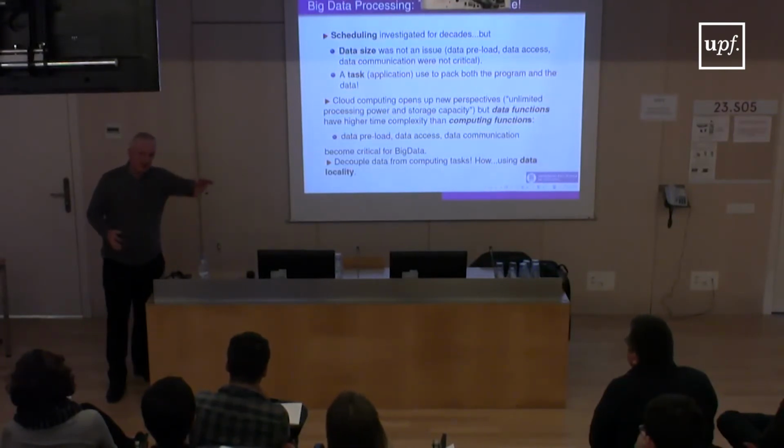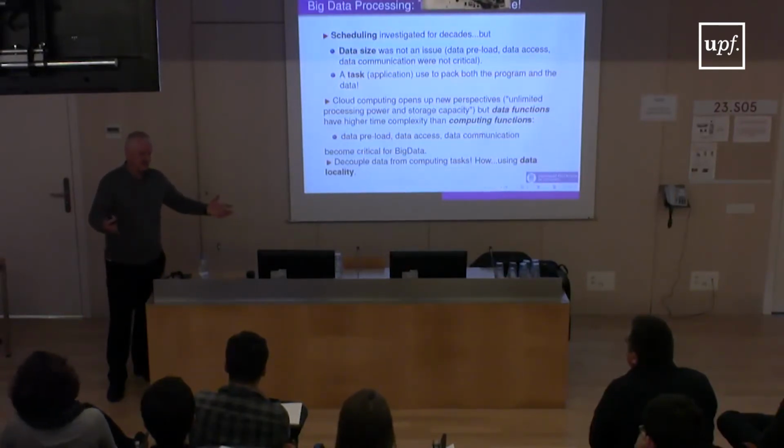So, and then you ship the whole thing. You pack at the master node the data and the program, and then you send it to the slave node, and then the slave node unpacks the task and then runs that program on that data. Or you have to deploy the data beforehand into different nodes, etc., right?